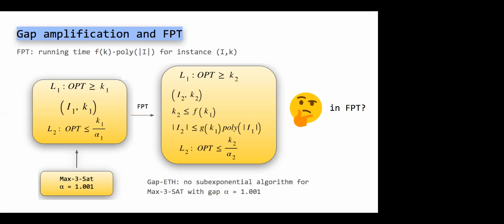And this is a stronger version of the exponential time hypothesis, which just states that 3-SAT doesn't admit a sub-exponential algorithm. And starting from the gap version of max 3-SAT, we can make such a reduction to clique and label cover and other problems. But we need to assume this quite strong conjecture.